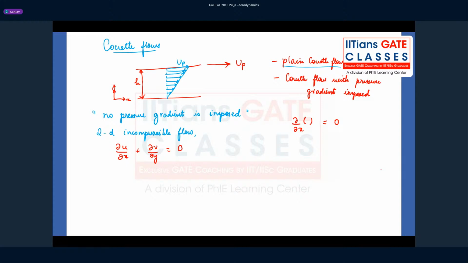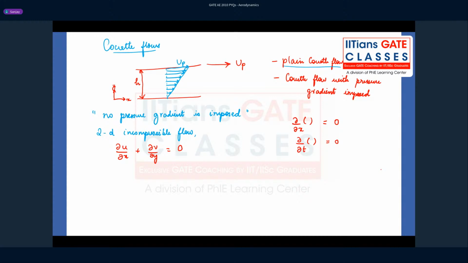And what is another assumption? The flow is steady, so dou by dou t will also be 0. Your local time derivatives will also go to 0. What else is there in this problem? You also see that there is only variation in the x component of velocity.